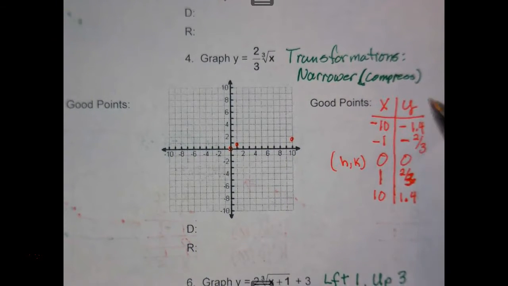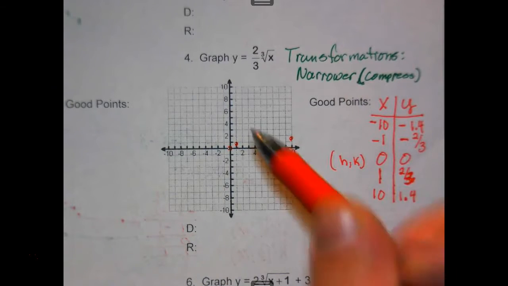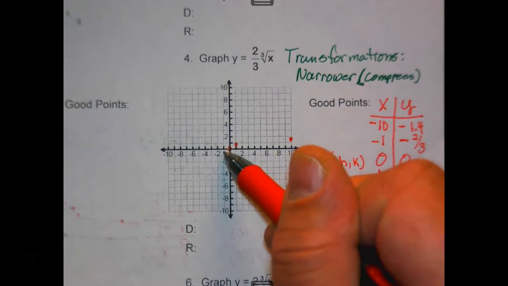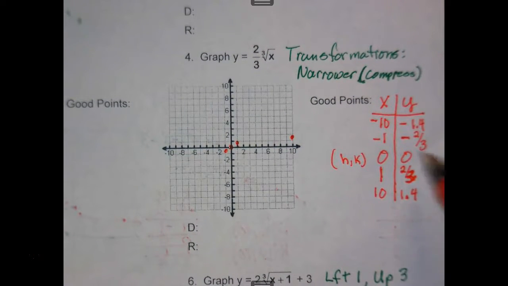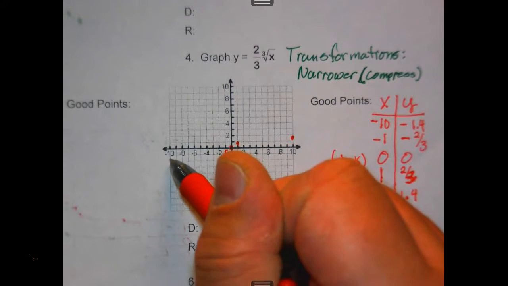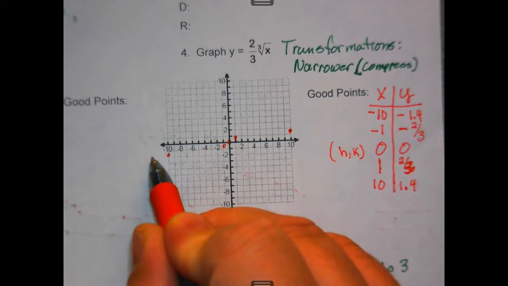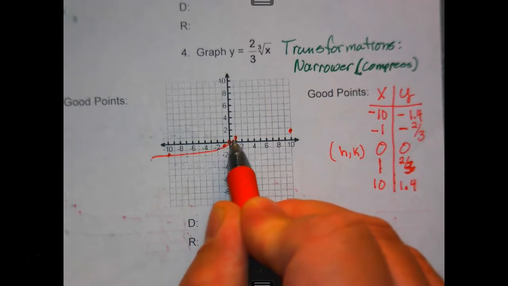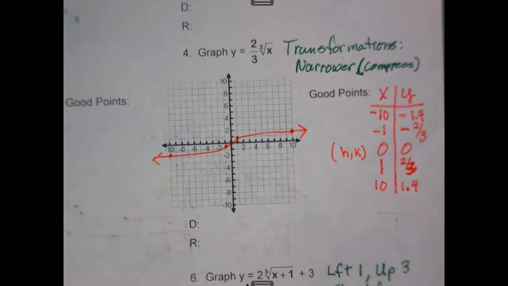And then I have the negative, the same thing. -1, -2/3, where this thing's really squished. And -10, -1.5. That's pretty good.